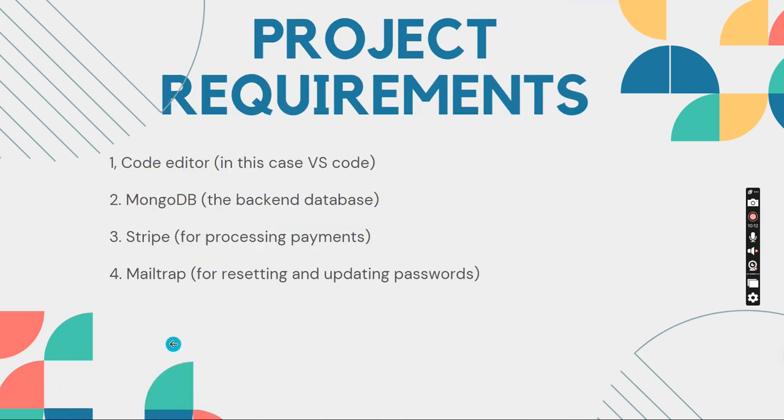For the project, we require a code editor, in this case VS Code, MongoDB for the backend database, Stripe for processing the payments, and Mailtrap for resetting and updating passwords. We could also write terminals also, but since it comes under VS Code, there is no need.